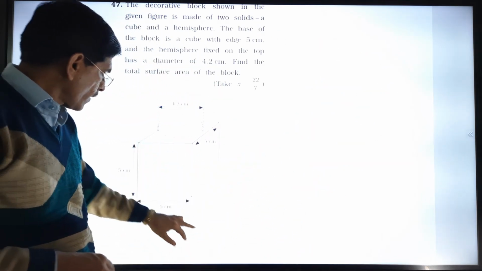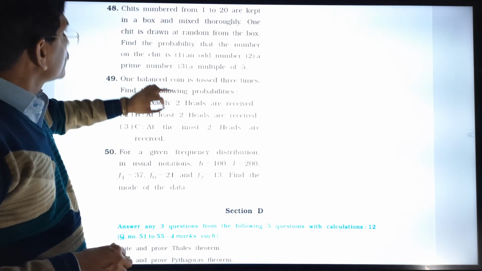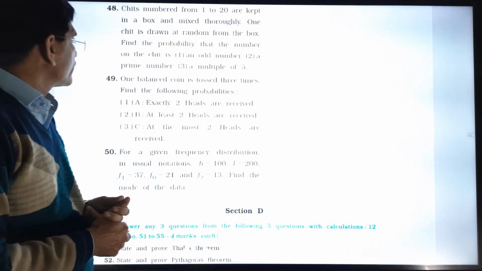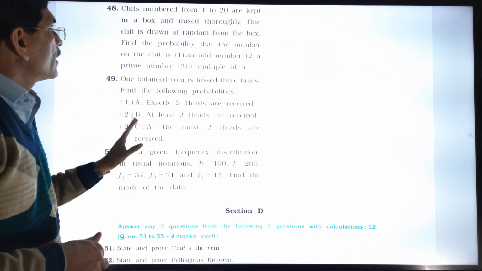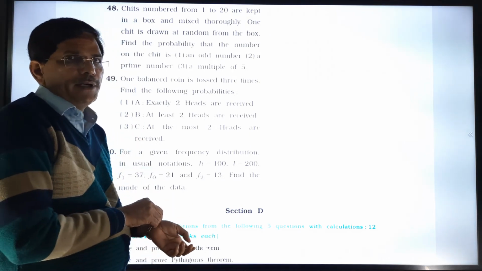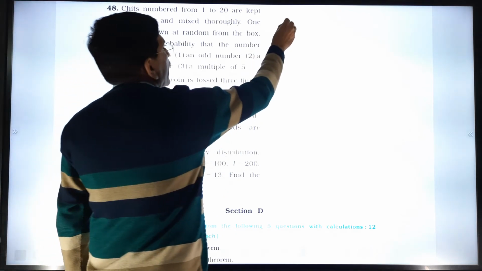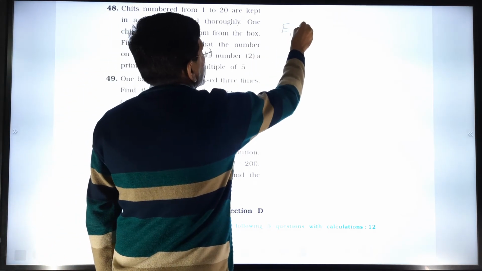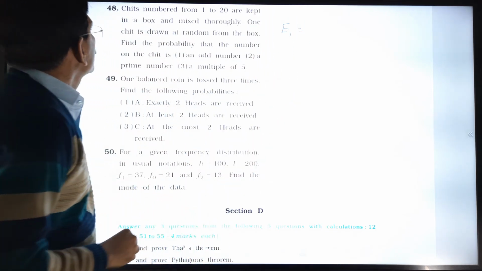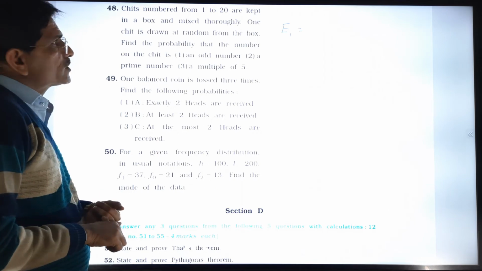Now, still 3 sums are there. It is again with probability. So we know that in probability, the first thing we always take is P, or we can write the event E1. Cards numbered from 1 to 20 are kept in a box and mixed thoroughly.